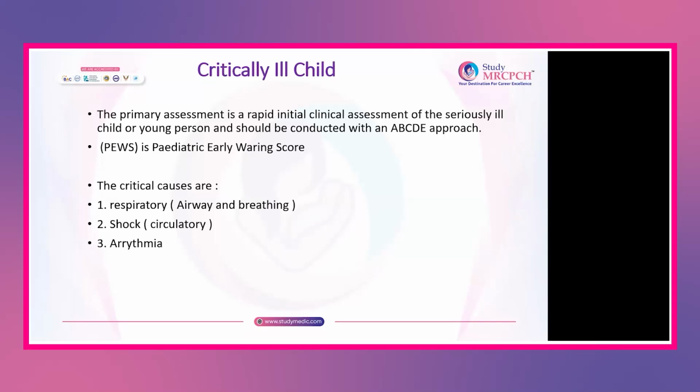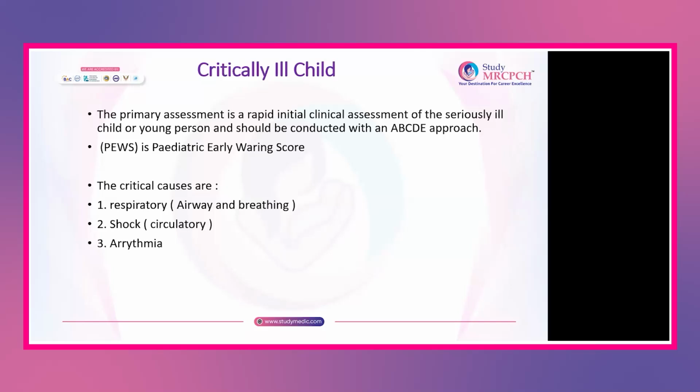We have upper airway obstructions like foreign body, anaphylaxis, and infections like croup, tracheitis, and epiglottitis, and what obstructs the lower airway like asthma, or infection like pneumonia. Or sometimes it is from the central part, like poisoning, affecting the central control of breathing from the brain and reflecting on the respiratory system.